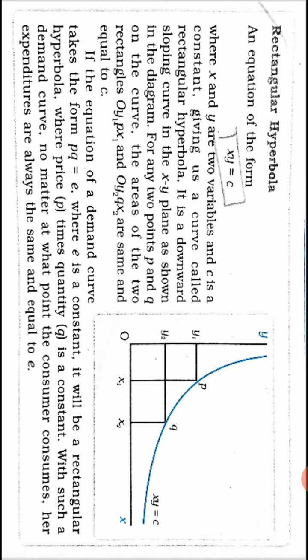Now you pay a lower price and buy more, so it is balanced. When price increases you buy less, and when price reduces you buy more, so the expenditure is equal.